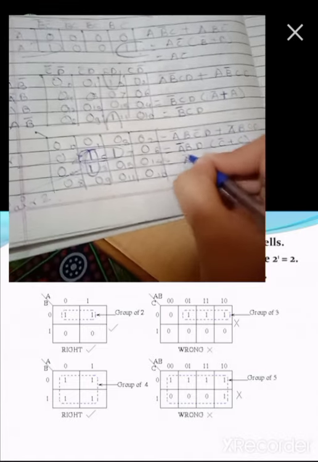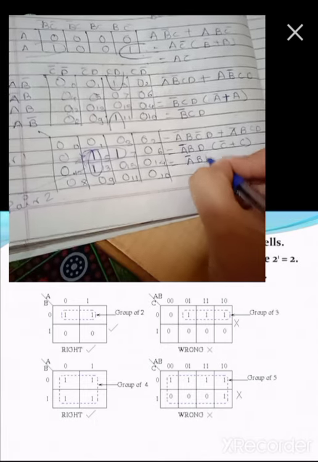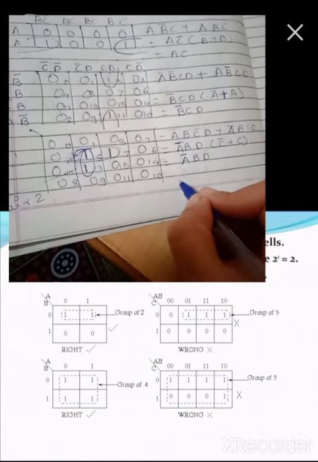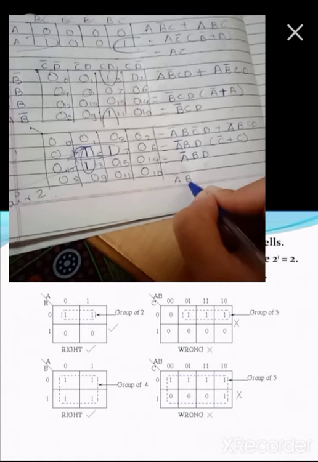So the first pair solution is A bar B D. Now for the second, A bar B C bar D, and for this one A B C bar D. So common variables are B C bar D, in bracket A bar plus A. So this pair's solution is B C bar D.